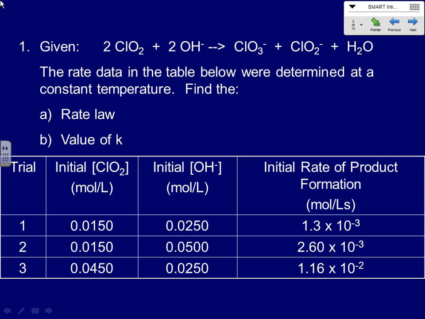In this case, the OH is the controlled variable. When I want to take a look at the effect by changing the concentration of OH, I need to pick two trials such that the ClO2 is constant. Which trials am I going to use for that? Yep, 1 and 2. So 1 and 2 are constant there, and we're obviously changing it there. All right? So we must pick appropriate trials so that we only have that changing situation.